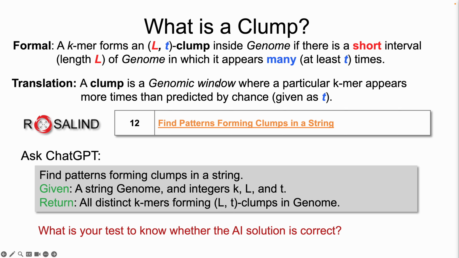So how do you define clumps? This is problem number 12. We'll probably not get to this one, but I'm going to give you a strategy for solving these. Once you've got the algorithm for number 10, sliding windows, this is taking a window, sliding through that window, then moving the window, sliding the window.